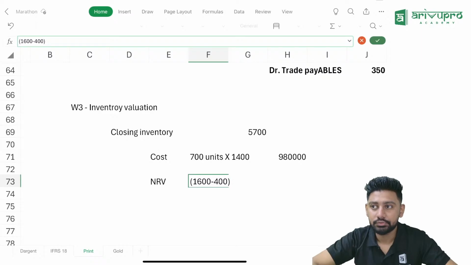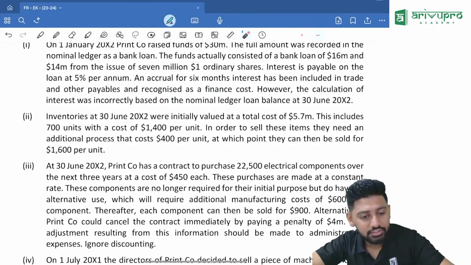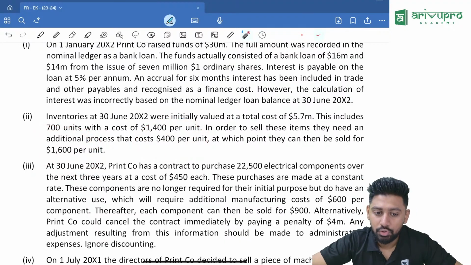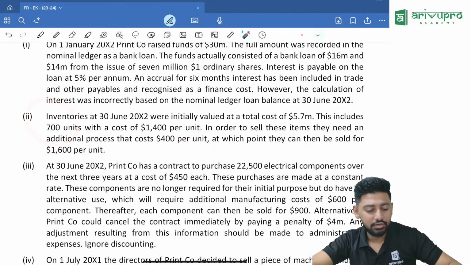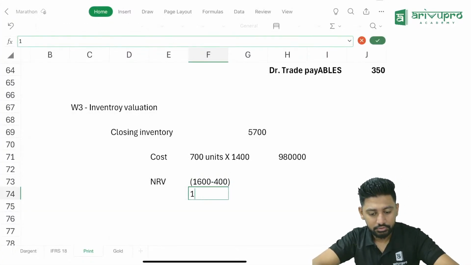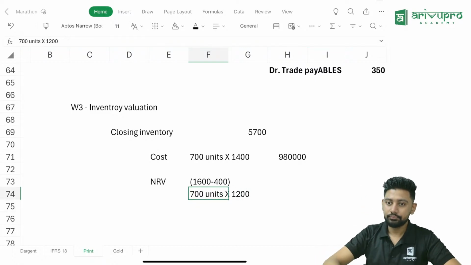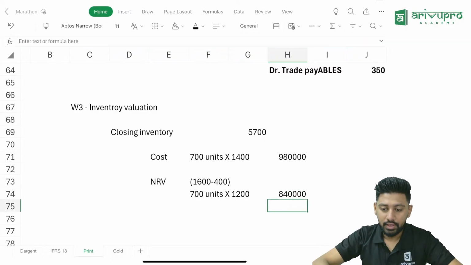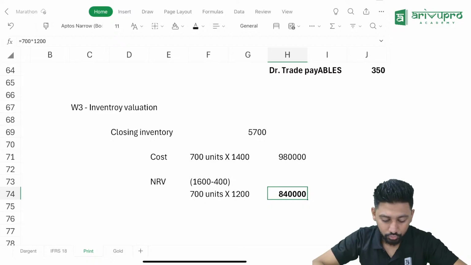Are we clear? So 1,600 minus 400 is our NRV, for how many units? 700 units. So 700 into 1,200. There you go, 840,000.